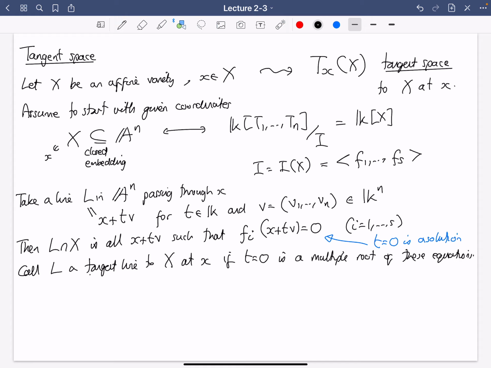That's the definition of tangent line, and I'll call the direction vector v for that line a tangent vector.